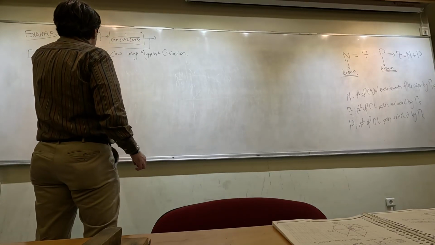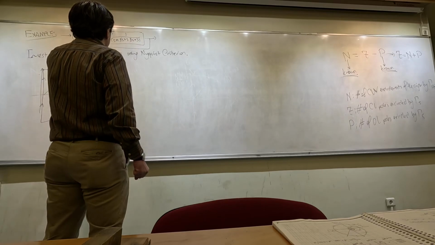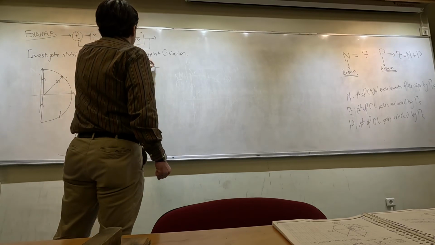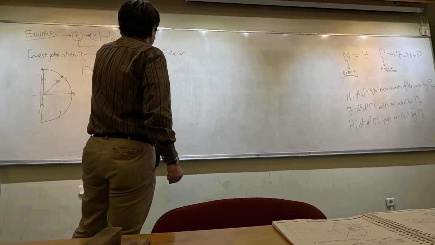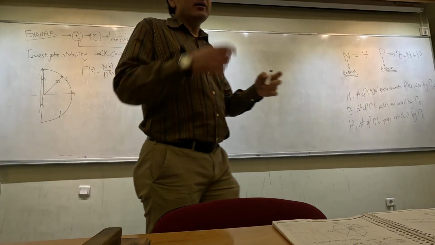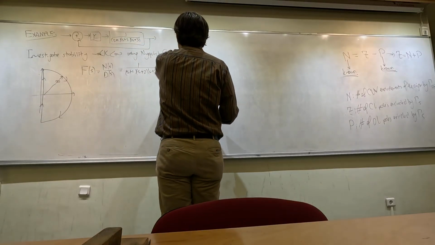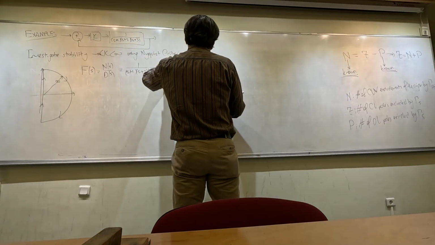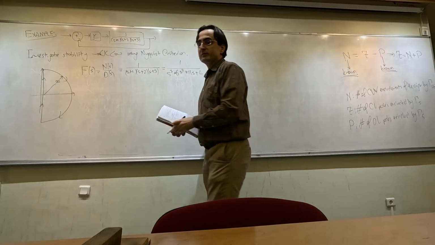As a transformation, we are going to choose f(s), which is n(s) over d(s). And in this case, it is 1 over (s+1)(s+2)(s+3). Okay? If I expand this, then I will get the following: 1 over s cubed plus 6s squared plus 11s plus 6.